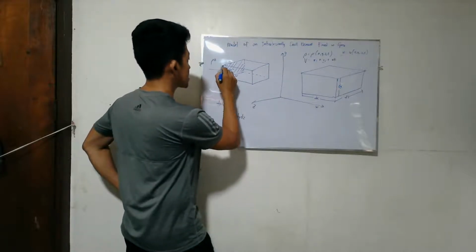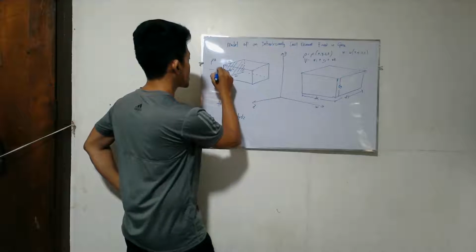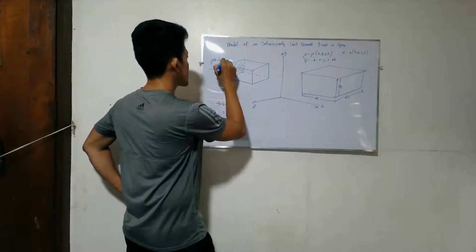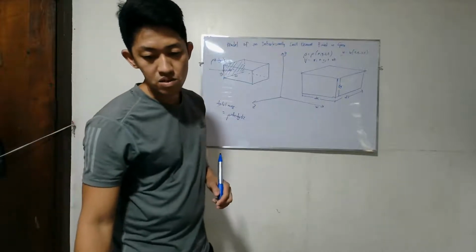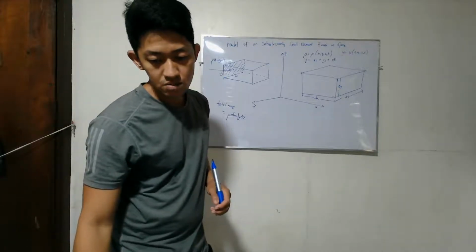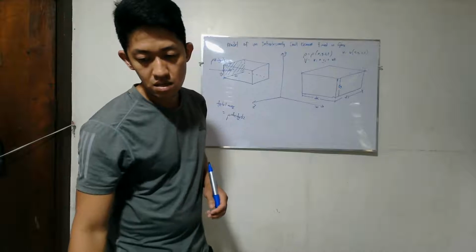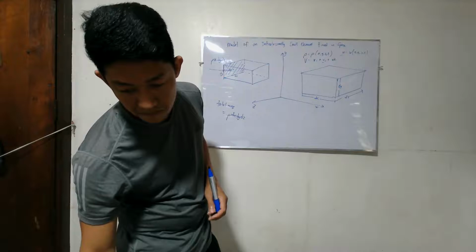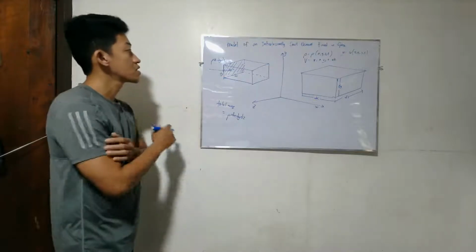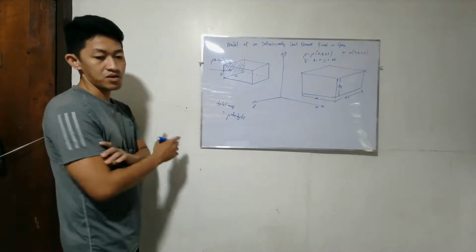This is dz kani dy, so dy dz. Rho times u times dy dz. Tama? Okay. Okay, so mo sulod diri.